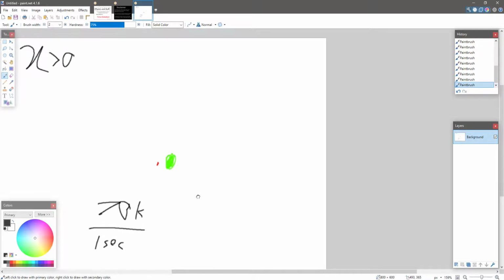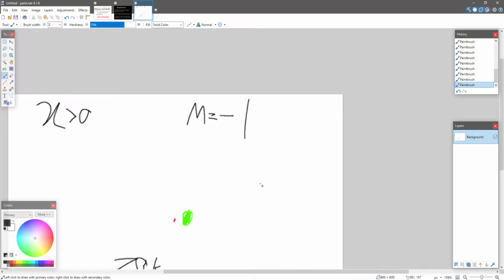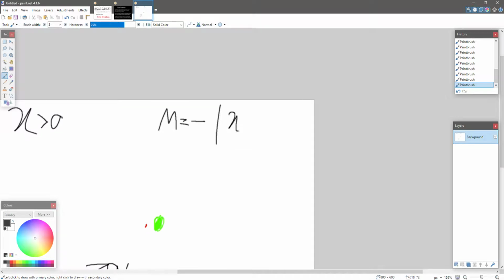Okay? Meaning that when mass is negative, then x is small.